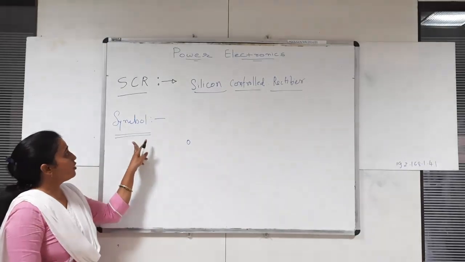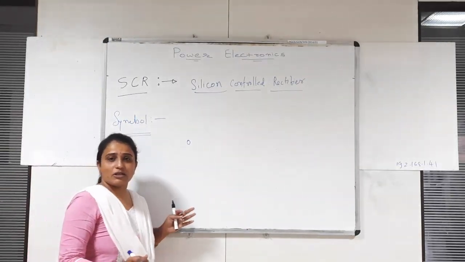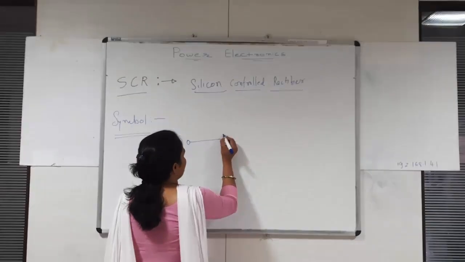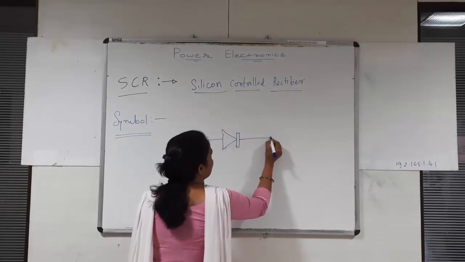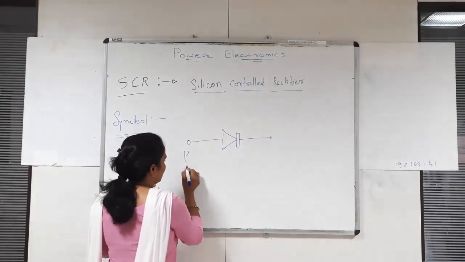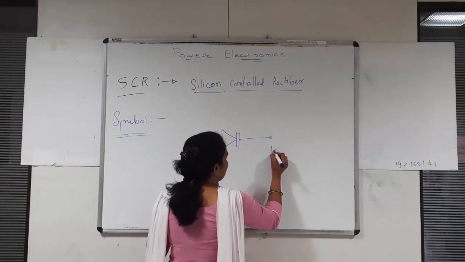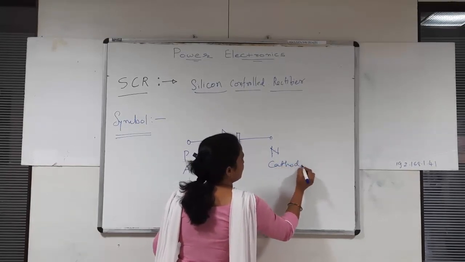Next is the symbol of SCR. The symbol of SCR is somewhat similar to the normal PN semiconductor diode. So the symbol of a semiconductor diode is this one. This is the P, that means the anode terminal, and this one is the N, that means the cathode terminal.